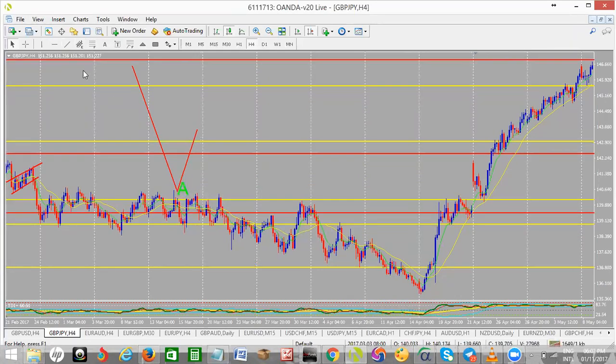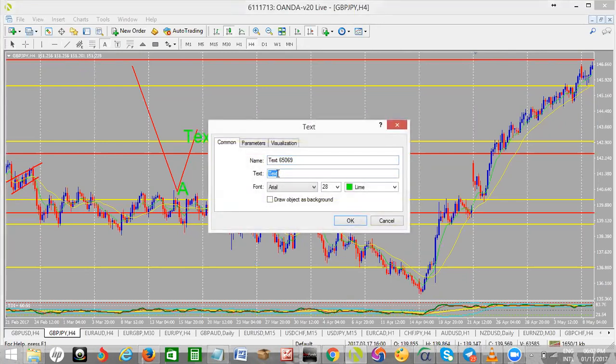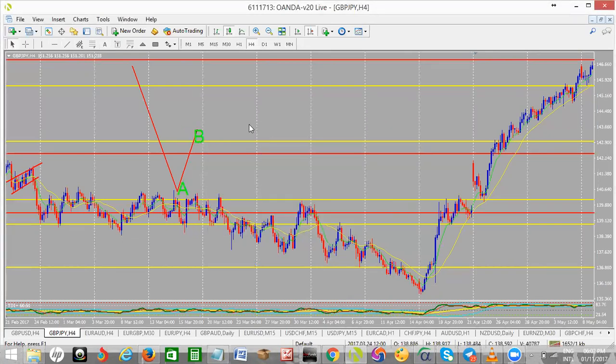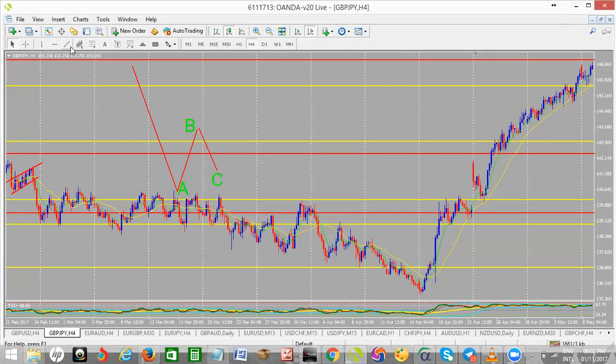This is your A. And the retracement is your B. And you want to get a correction, possibly your C. Your C, and now you're looking for your D. If you get your D, you want to go in short. This is your D.